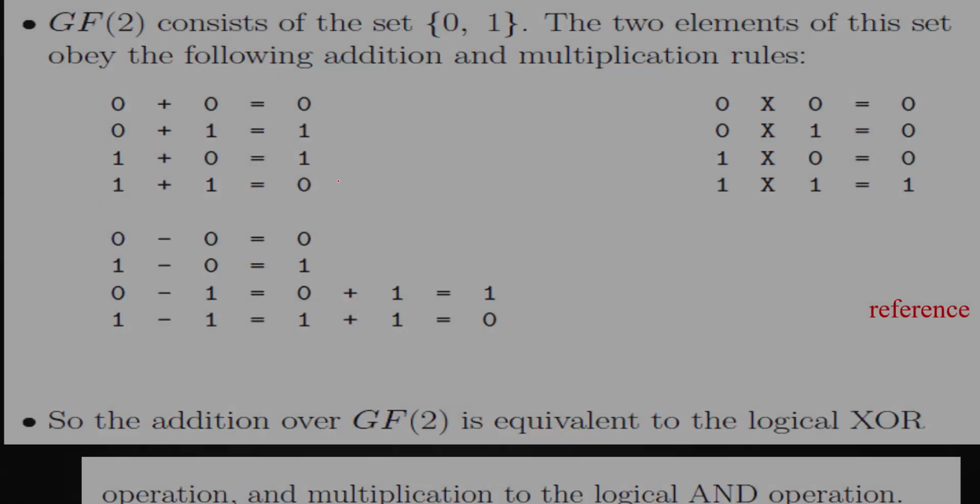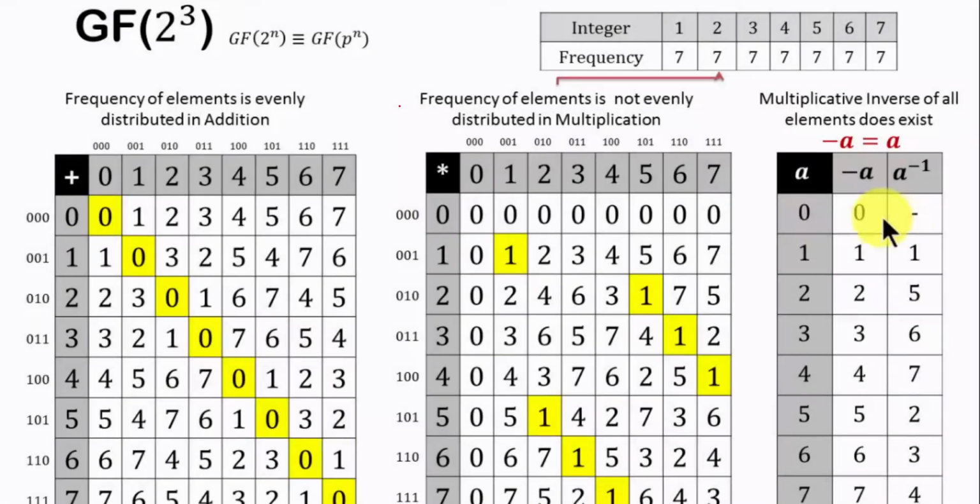Here two tables are defined, one for the addition operation over this Galois field with values 2 to the power 3. That means all the binary numbers that can be represented using 3 bits. We need to consider the Galois field defined over 3-bit binary numbers, so the numbers are 000 to 111.